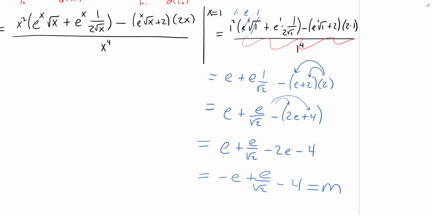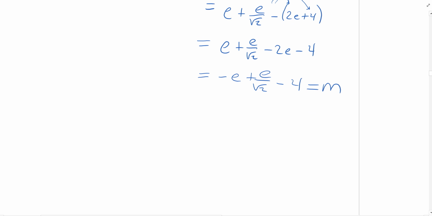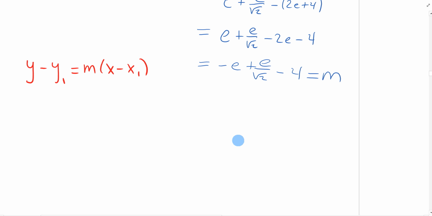So this is a derivative. Now all I want to do is write it in its point slope form, which is y minus y1 equals m times x minus x1. So let's go ahead and plug in everything that we know. So we know that m is all of this.